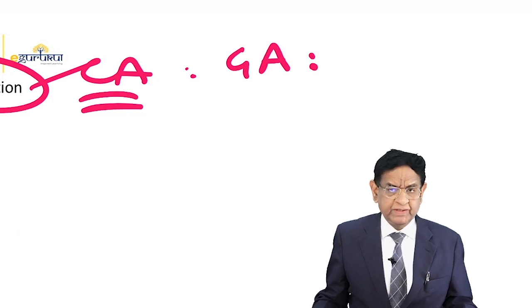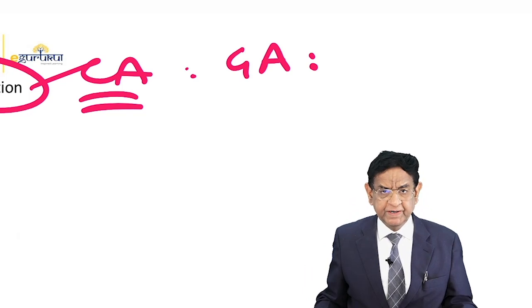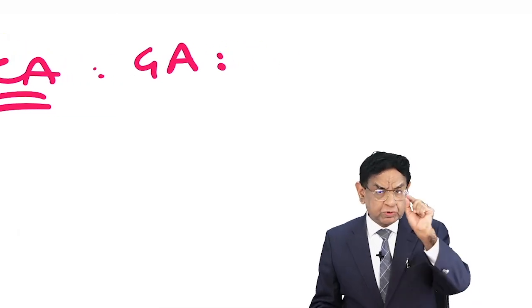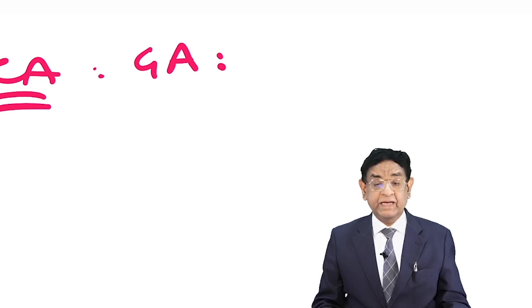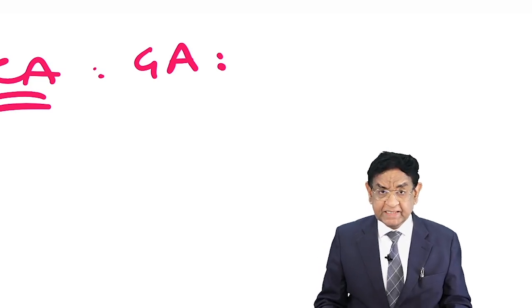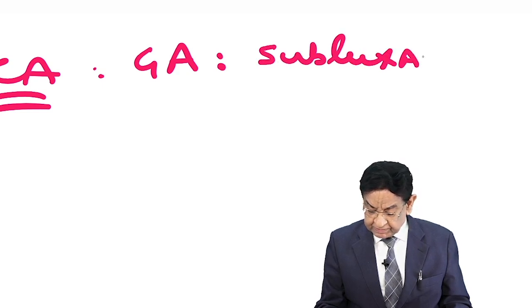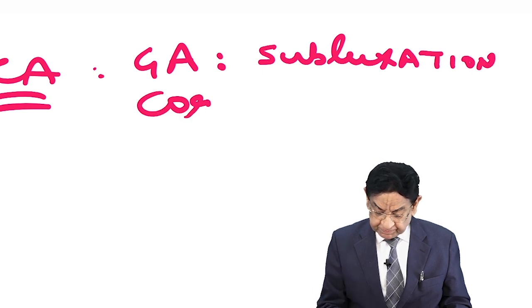We all know when general anesthesia is to be given, the patient has to be intubated. For that they hyperextend the neck. So if the atlantoaxial joint is involved and the anesthetist extends the neck, it can lead to subluxation of the joint, and that can lead to cord compression.